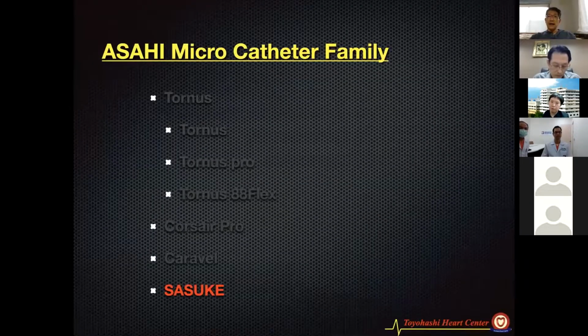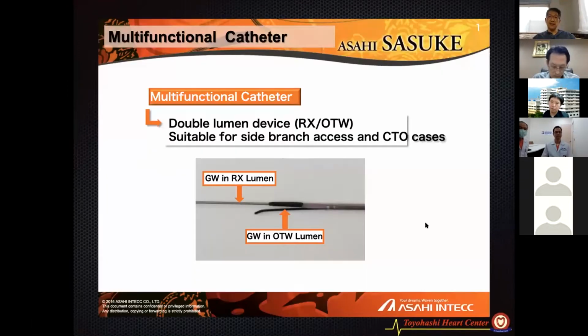And finally, I want to talk about the Sasuke. So Sasuke has a very unique structure. As you know, it has a double lumen in the same body. One is a rapid exchange lumen, the other is an over-the-wire lumen.